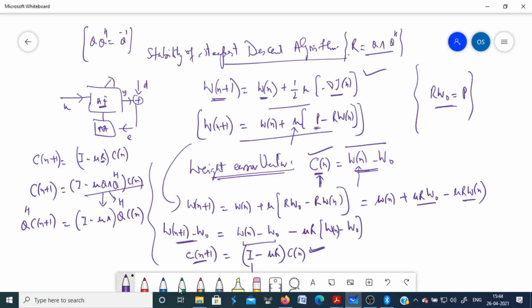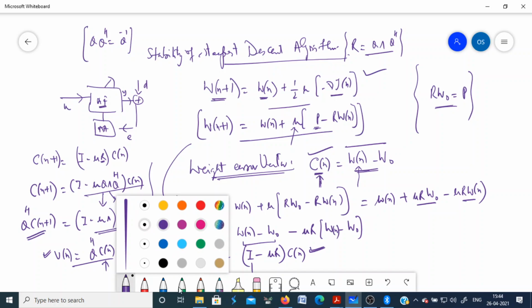So now from this equation we define a new set of coordinates which we define as V(n), which is Q^H into C(n). So C(n), which is the weight error vector, is transformed to a new coordinate V(n).